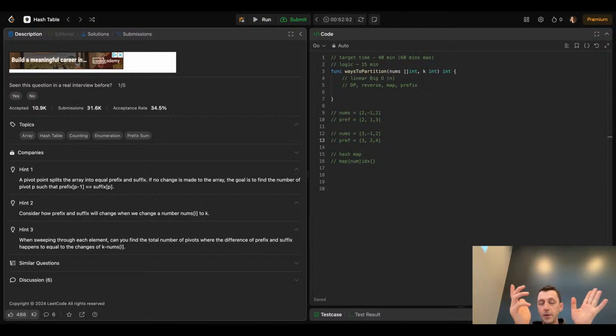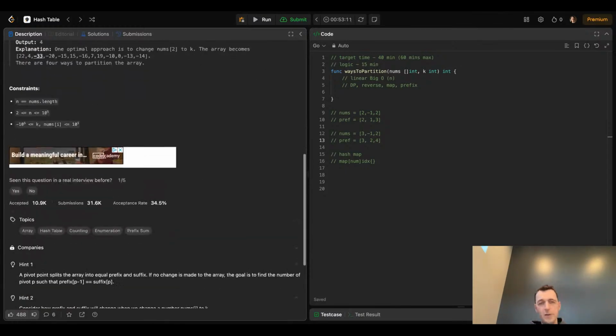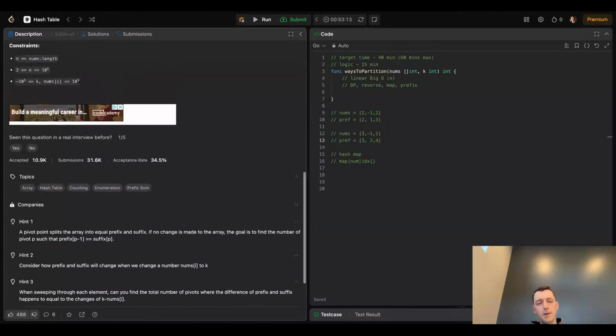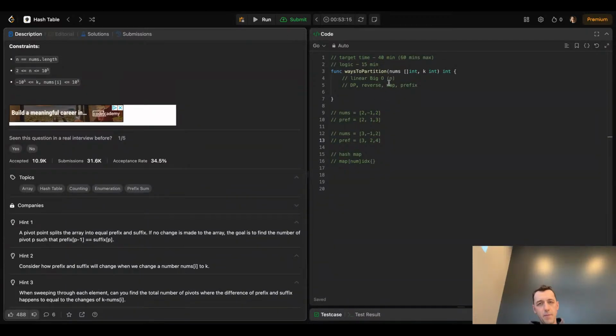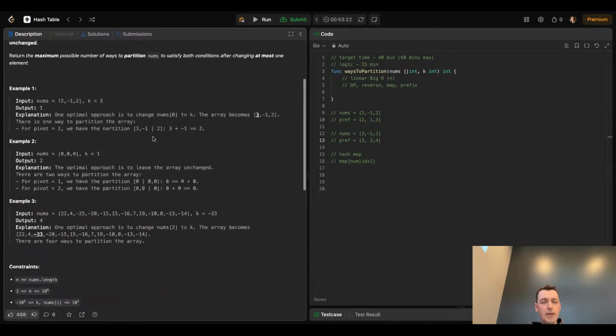But that's good news. The bad news is that it's still a bit tricky, even with having the cues and having those directions figured out. It's still tricky to connect the dots.